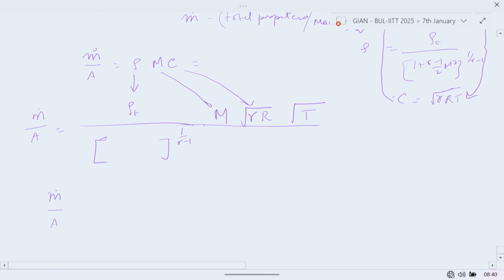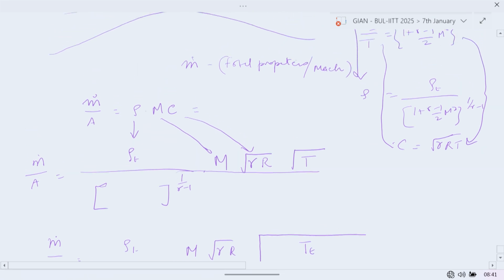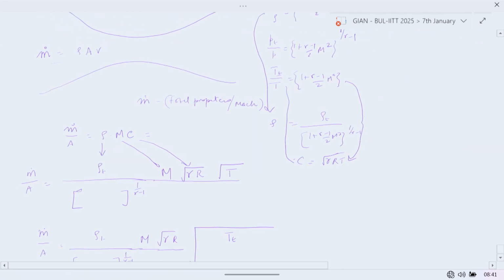So then from this expression on temperature, I can write the mass flow rate per unit area as rho t divided by (1 plus (gamma minus 1) by 2 M squared) power 1 by gamma minus 1, and here you have Mach number, square root of gamma R, and then T which I can write in terms of Tt. How do I write it? Because this is the equation here.